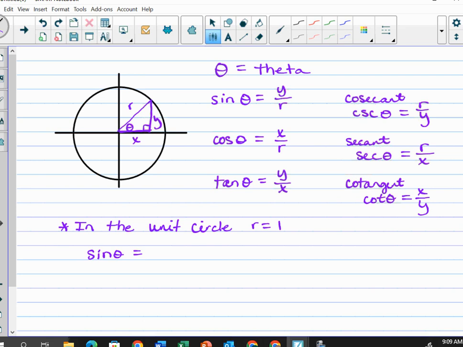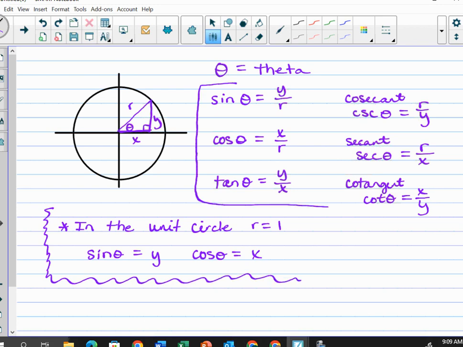Okay, we know sine is y over r, right? Just y, yes. And what will cosine of theta equal? Now, again, guys, that is specific to the unit circle. If we move outside of the unit circle, then you have to go back to these.